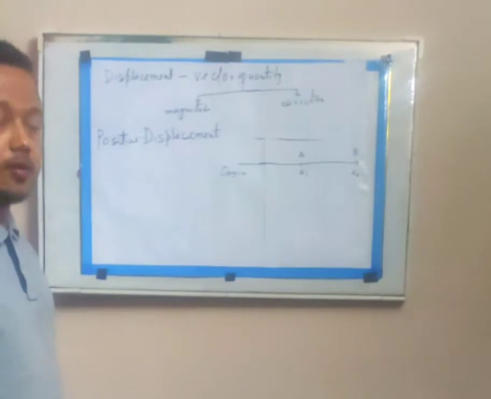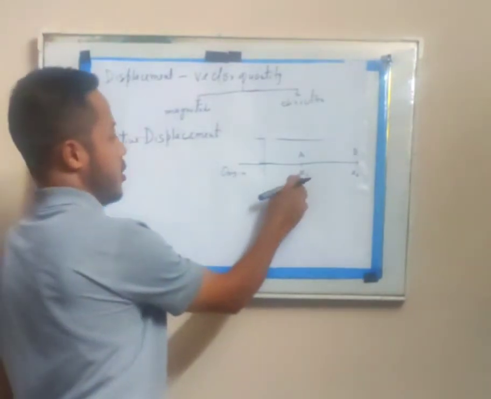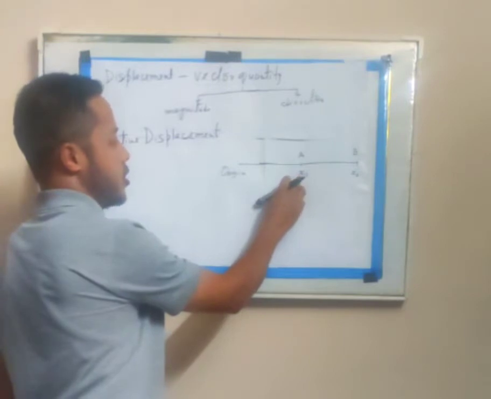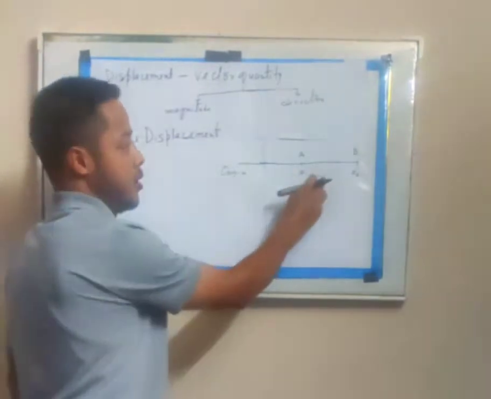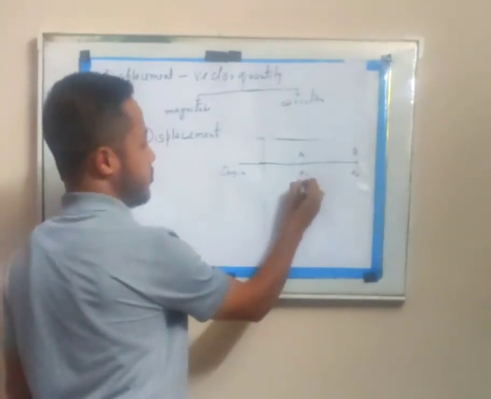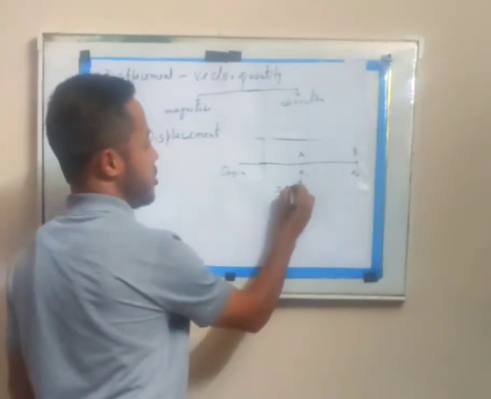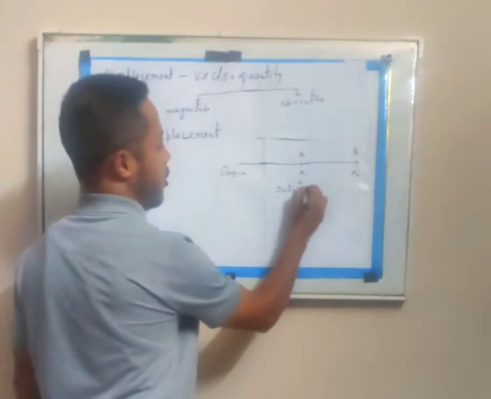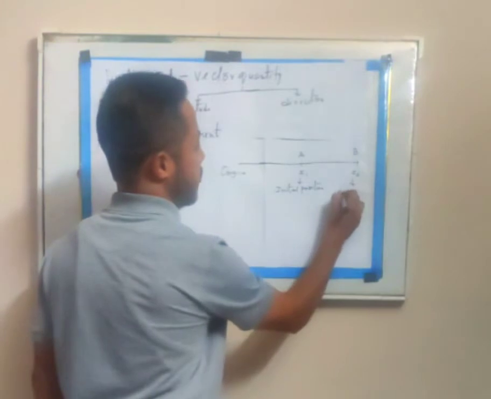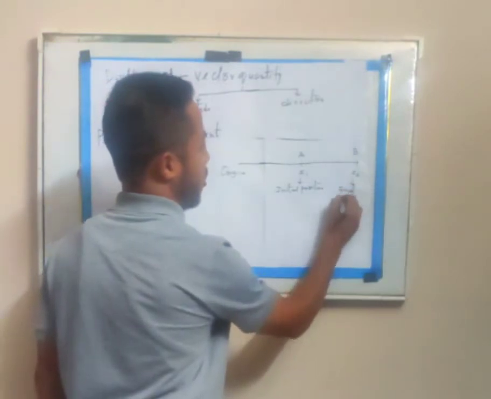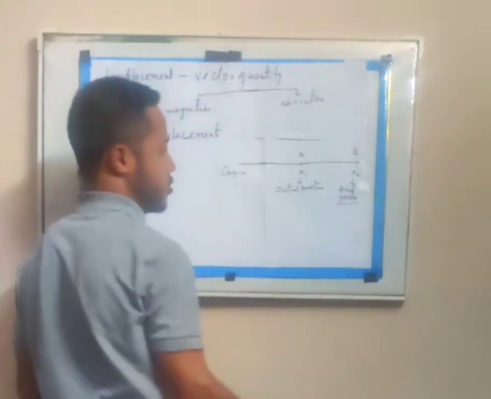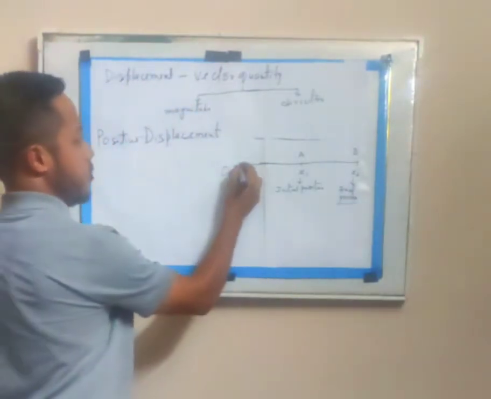The body is moving from A to B. This x1 is the position at A and x2 is the position at B. We call A the initial position and B the final position.